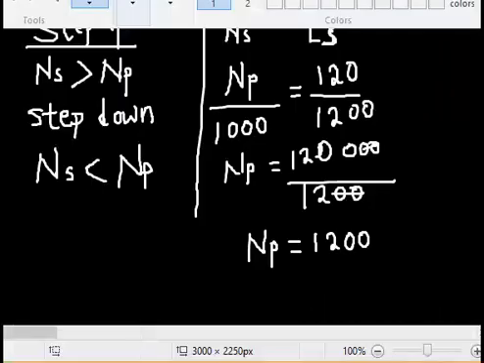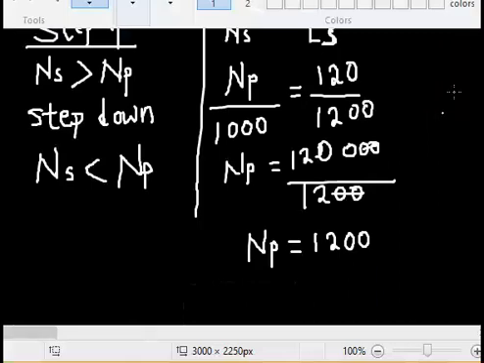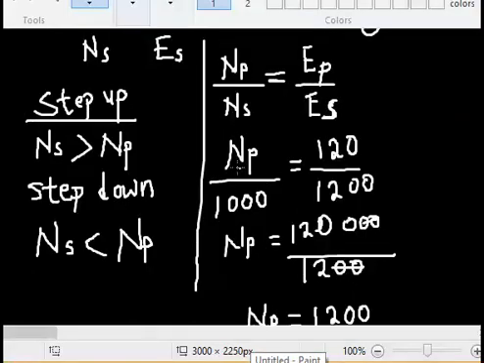So if there's a mistake, it's probably from my parameters. Let me go through the question, because I suspect a mistake. The secondary voltage being more than the primary voltage makes it a step up, so that should make my primary number of turns less than the secondary number of turns. So let me go through my solution again.